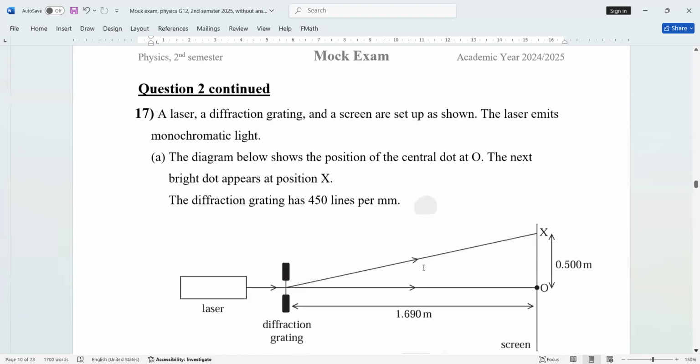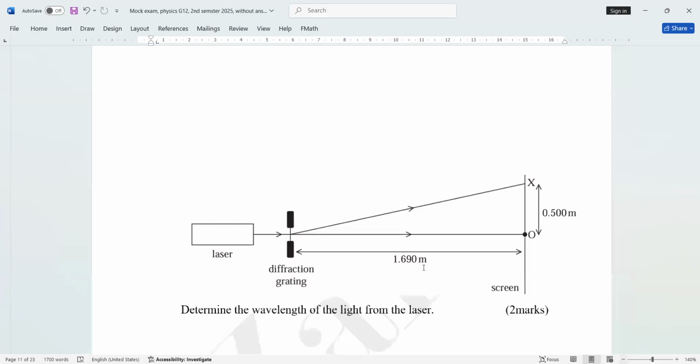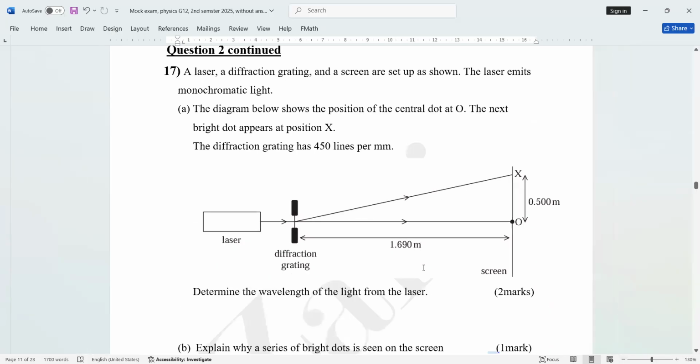I give you time to read it, and then we solve. Try to understand the question and try to solve it first.